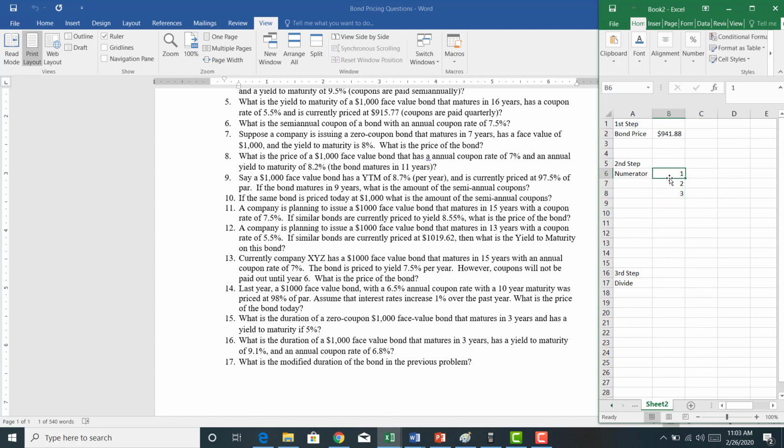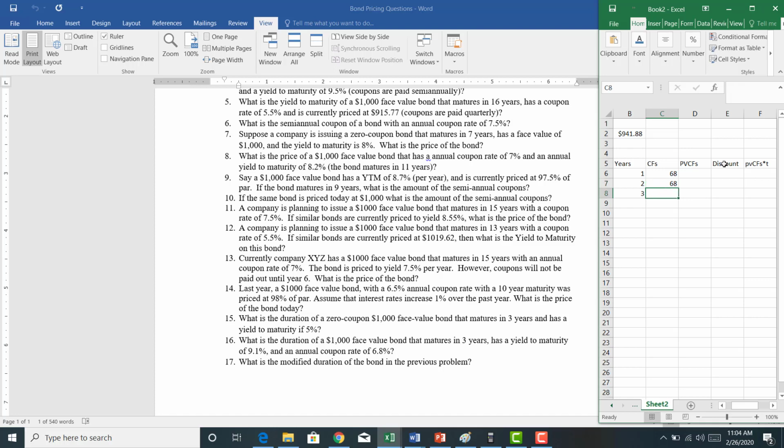I got 3 years of cash flows. This is my discount factor. My cash flows look something like this. In year 1, I have a cash flow of $68.